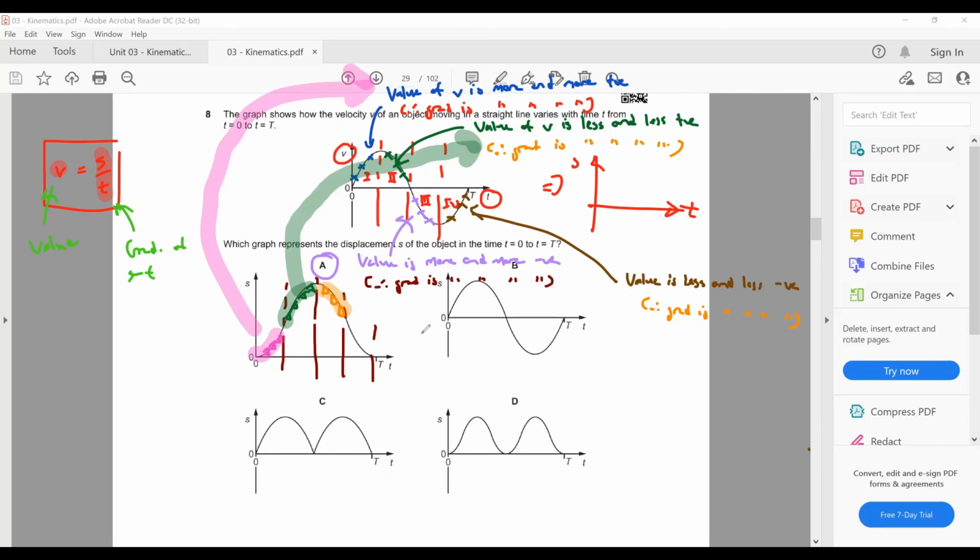The gradient is becoming more and more negative. This is actually this. And then the last one would be this one. Again, it is a negative gradient because it's pointing downwards, but it's becoming less steep, so it is becoming less and less negative. It is going to be talking about this. So this is actually the correct displacement-time graph for the given graph.